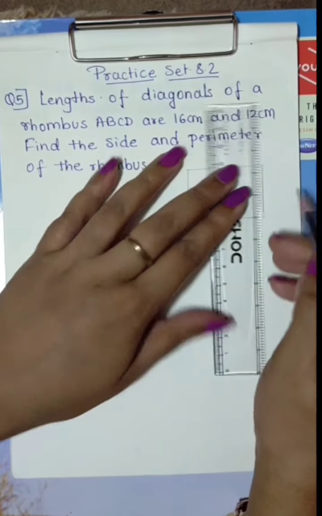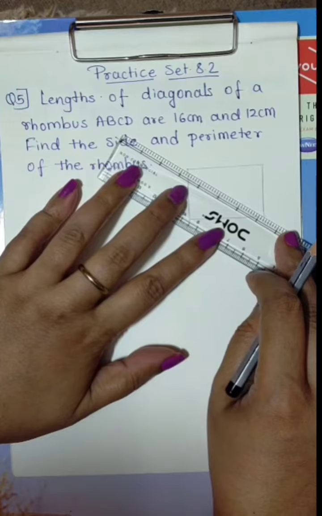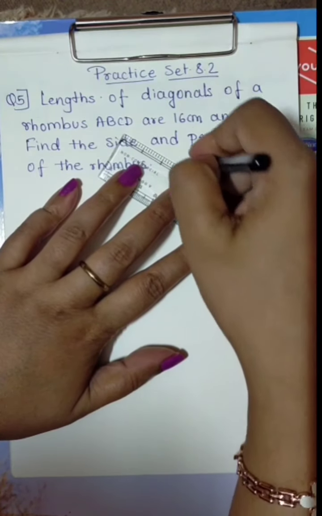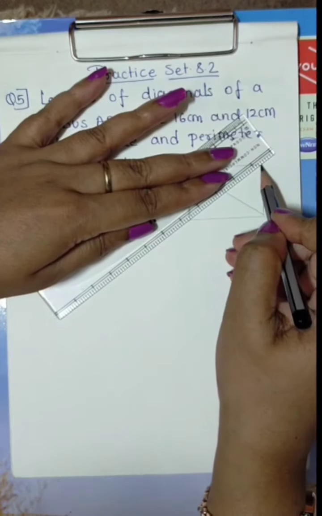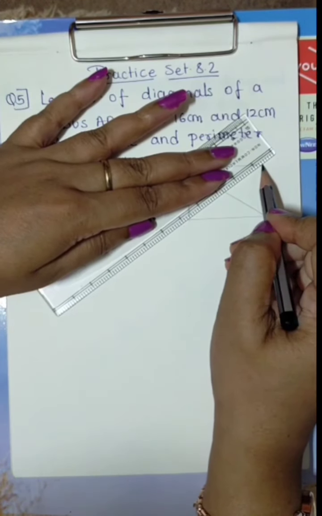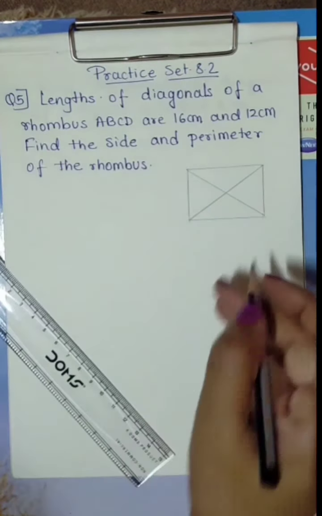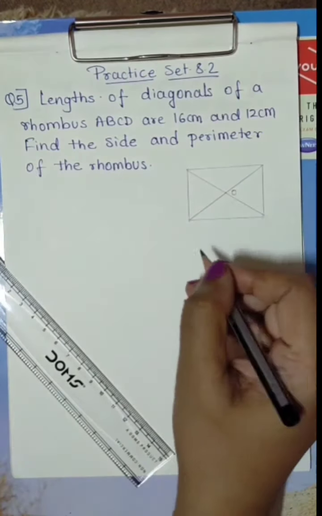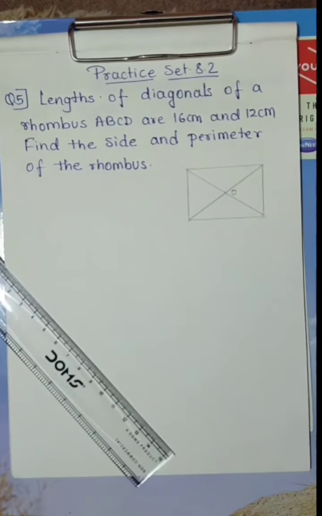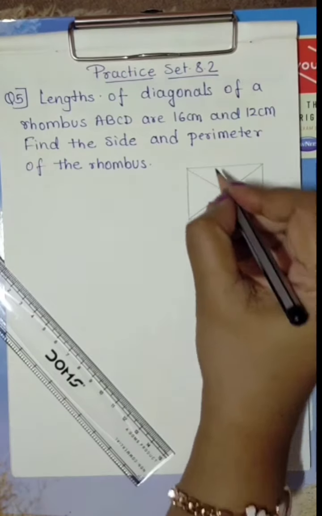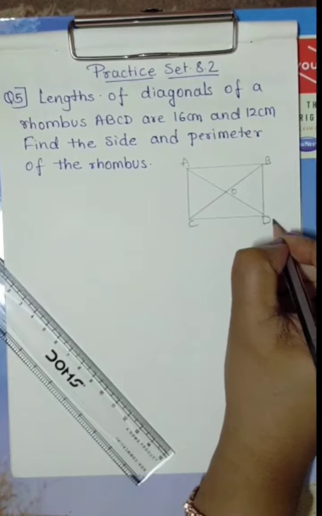This is our diagram with diagonals. This is my rough diagram. This is O, and A, B, C and D.